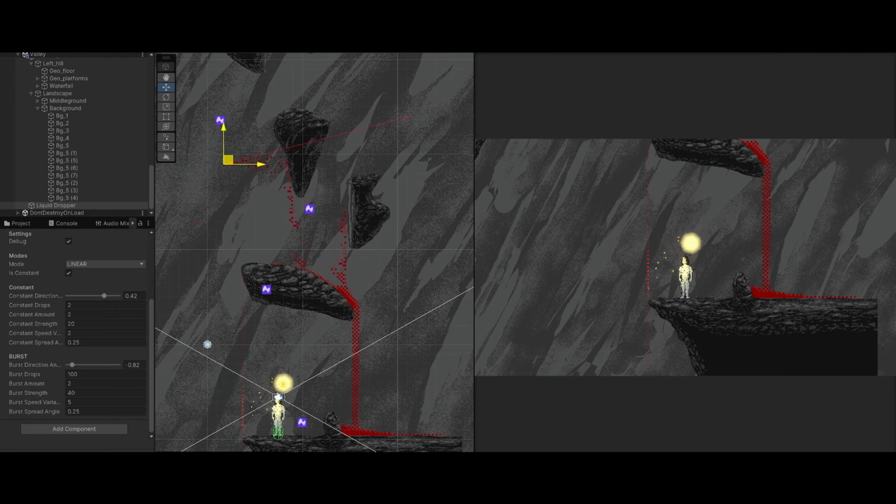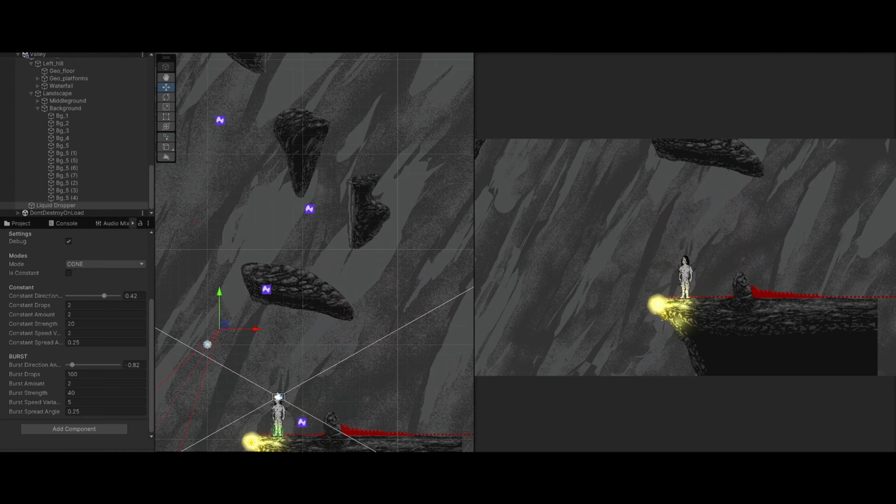Yep. So it works on any surface. Pretty cool, right? And as you saw before, it also affects the player and the fire. What else? Well, the count. And maybe one more thing.